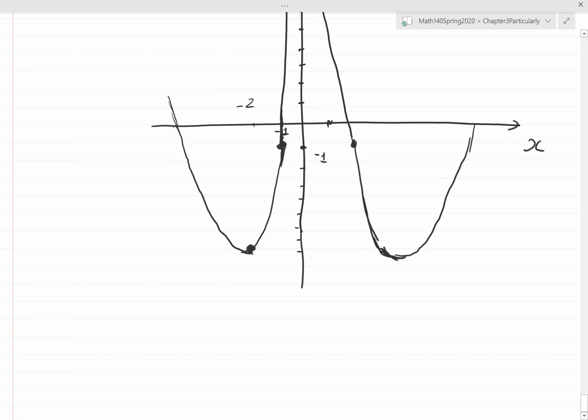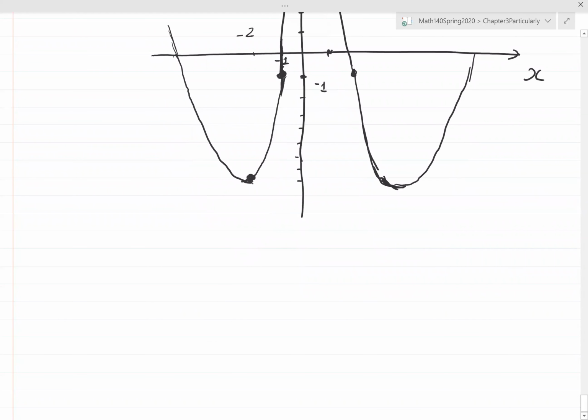More examples. Here we no longer have an explicit formula, but we are given information on the derivative and second derivative. So we are given a function such that f derivative at 2 and f derivative at 4 is 0.